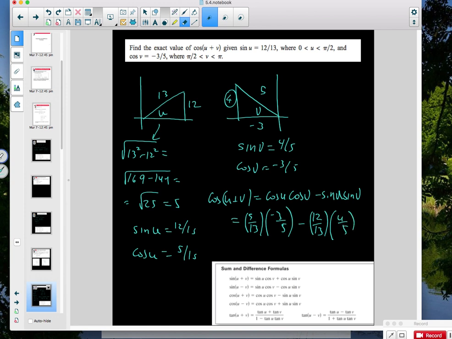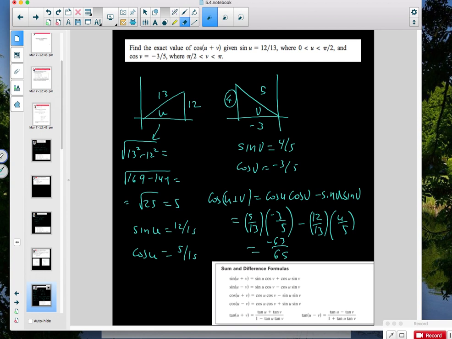Who can do this quickly? 13 times 5 is 65, that's the denominator, and the top is negative 15 minus 12 times 4. So negative 63 over 65.